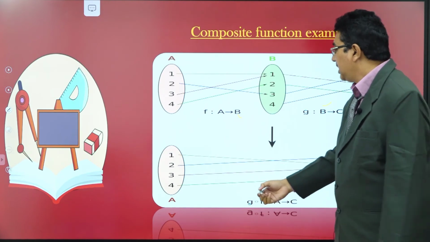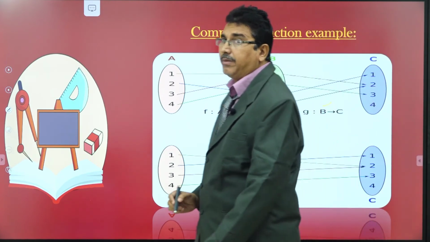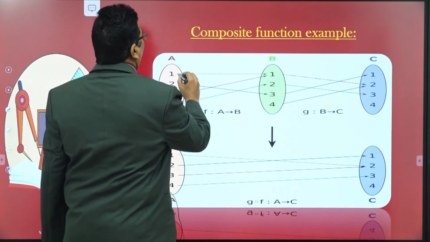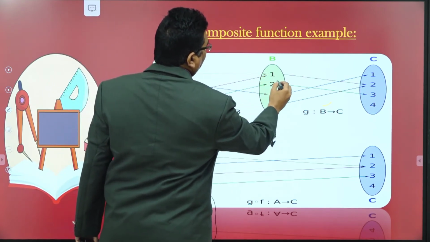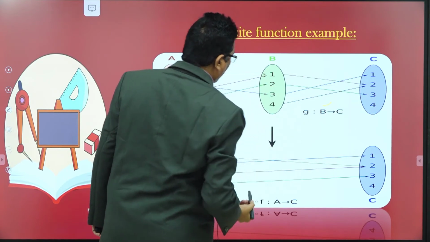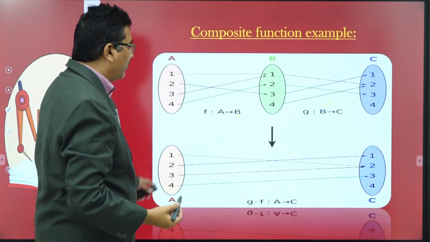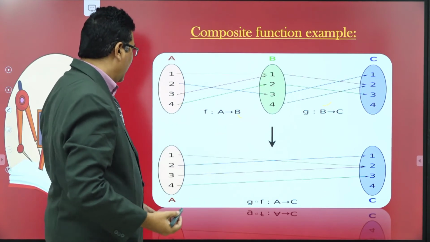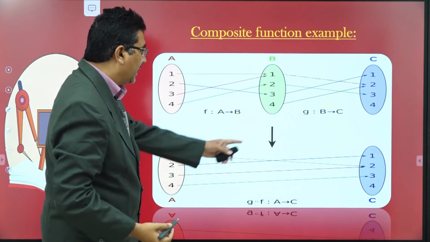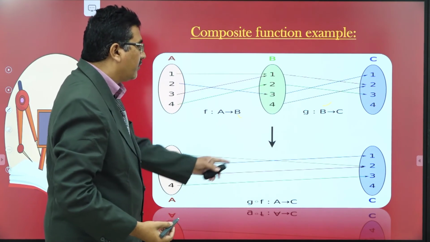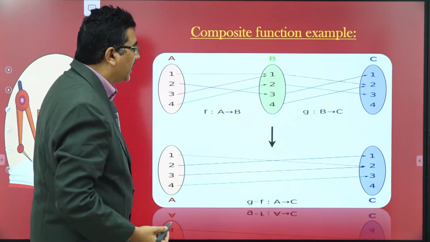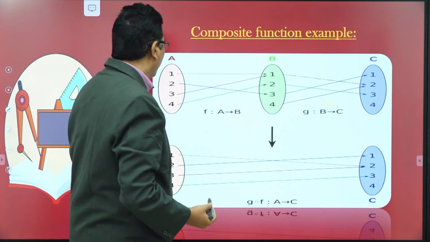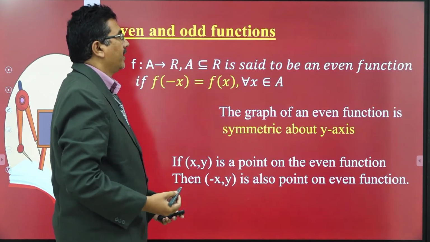Now g circle f maps from A to C. Here 1 is mapped to 2. The image of 1 is 2, the image of 2 is 1, the image of 3 is 2, the image of 4 is 3. That is, g circle f is a composite function from A to C.